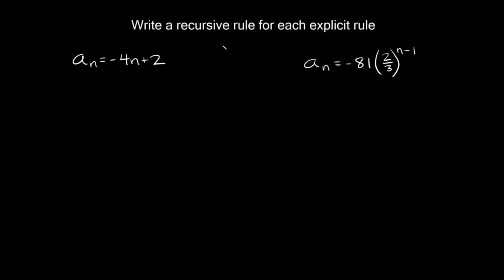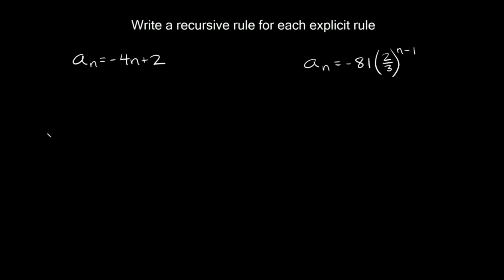All right, so these are basically just going to be the opposite of what we just did. This one says, write a recursive rule for each explicit rule. So we're just going to convert these explicit rules right here to recursive. With this first one, we have a sub n is equal to negative 4n plus 2. Here we're adding, so we're going to convert this to the recursive rule that deals with adding or subtracting.